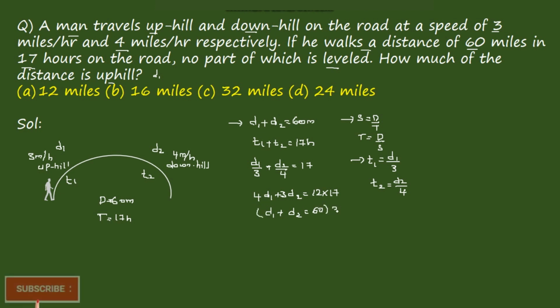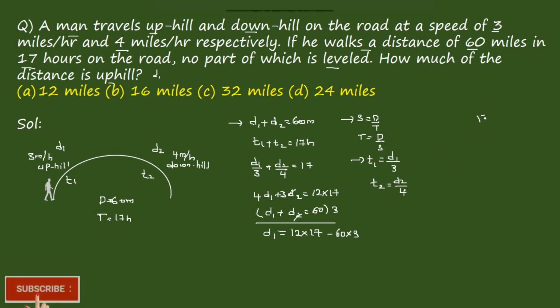So we will try to remove d2. Just multiply by 3. Then we get 4 minus 3, it becomes d1. 3 and 3 get cancelled, which is equal to 12 into 17 minus 60 into 3.